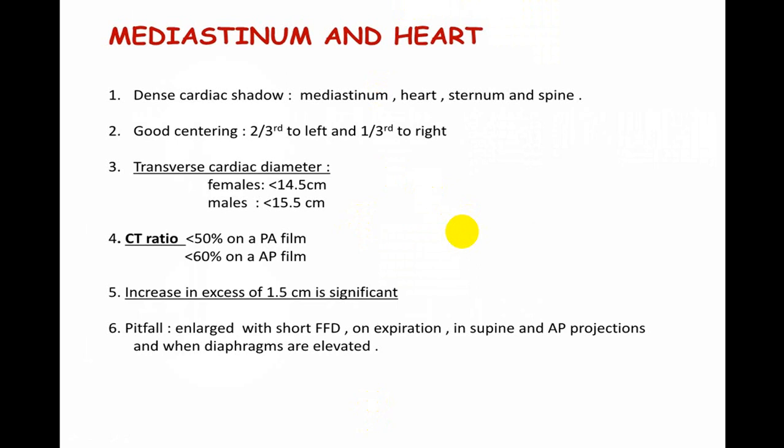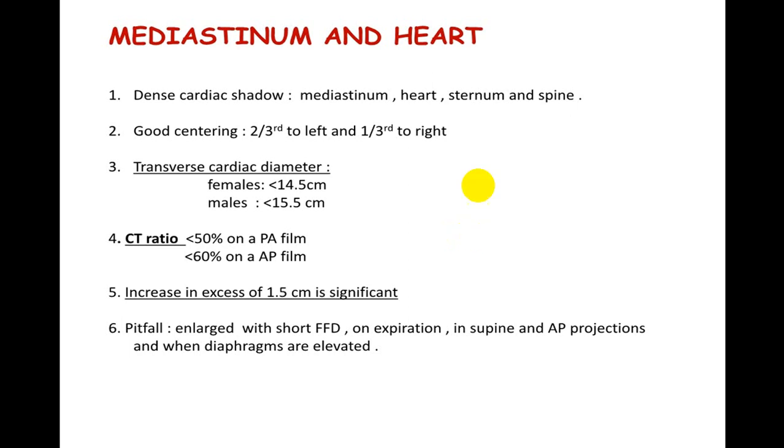In between there are a lot of structures, like the trachea, bifurcation of the trachea into two bronchi, right main bronchus, left main bronchus, esophagus, all the blood vessels, the aorta, that is the ascending aorta, arch, descending aorta, you have got the heart, and superiorly you have got other structures.